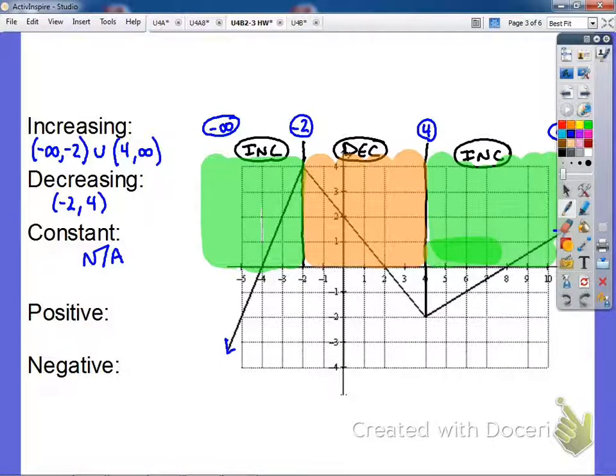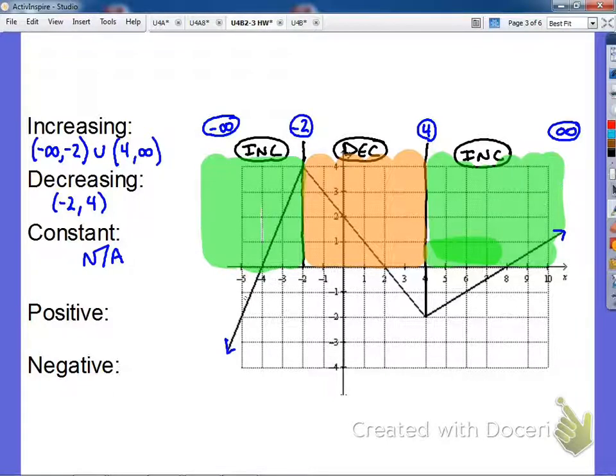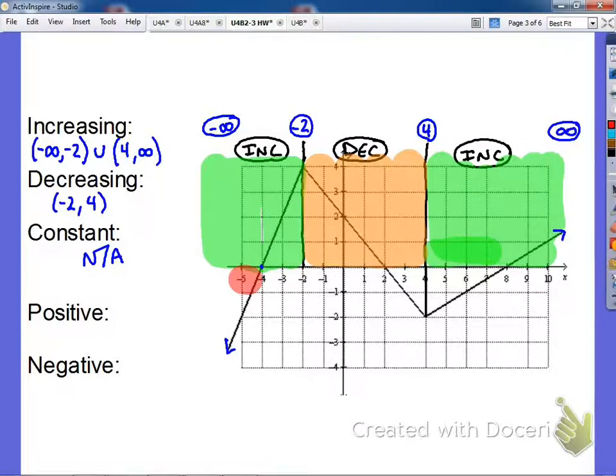This graph is definitely below the x-axis here, and the graph is below the x-axis here. Right?